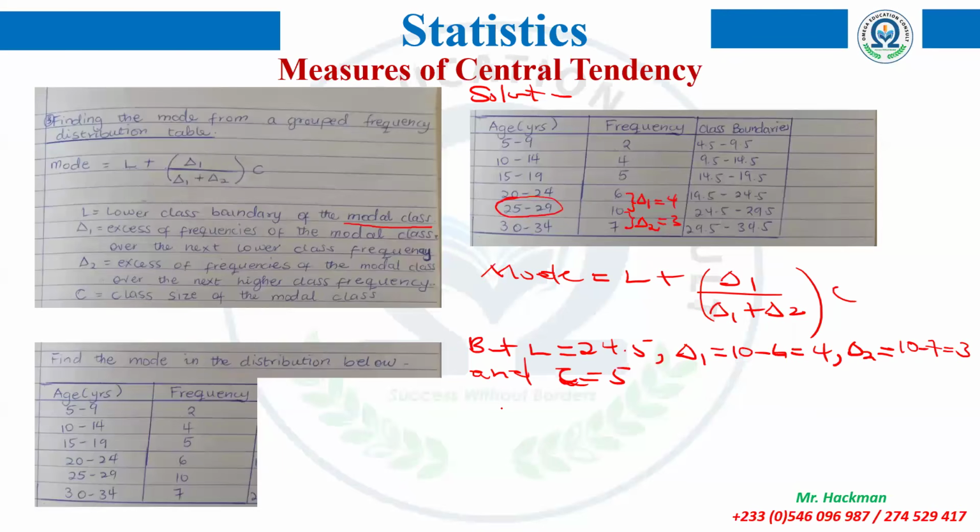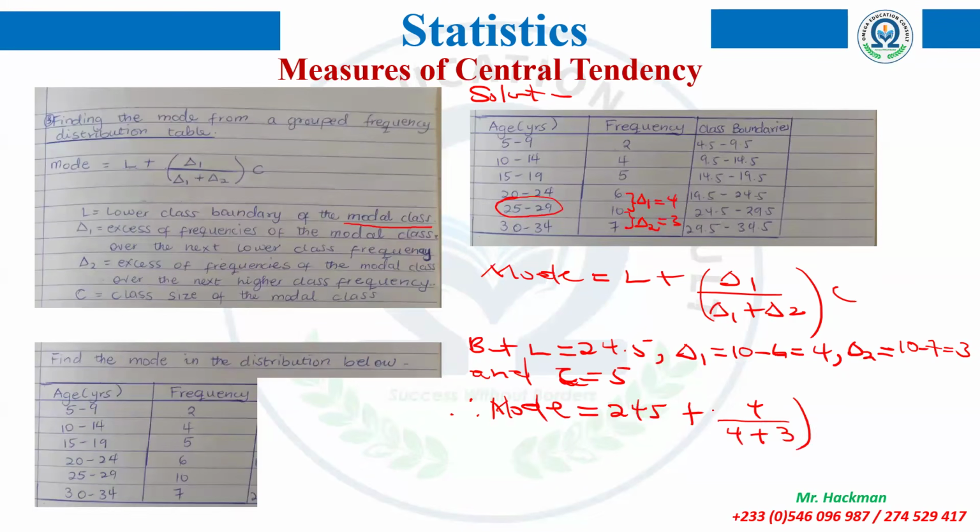I've told you that some of these calculations, you have to do it and tell me the value to make the class interactive. So at this point, I can come and write: therefore my mode will be equal to L, which gives us 24.5, plus change sub 1, which gives us 4, all over change sub 1, which is 4, plus change sub 2, which is 3.